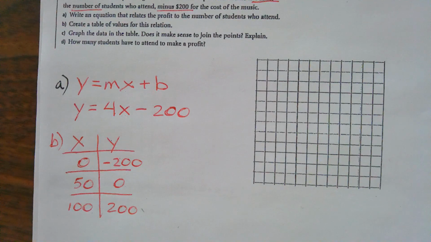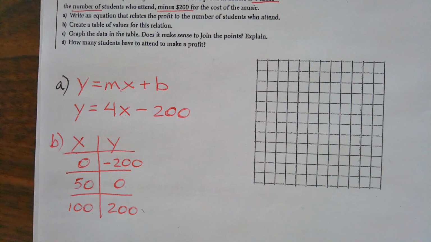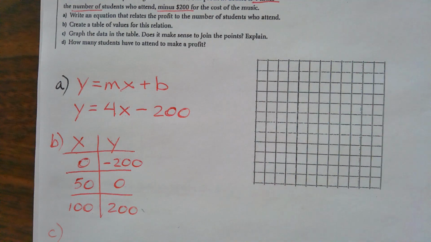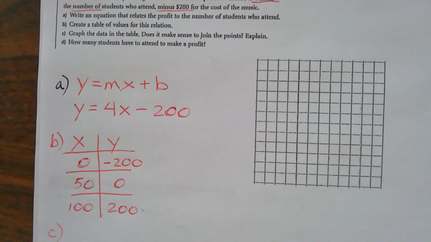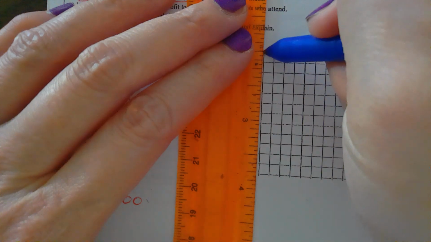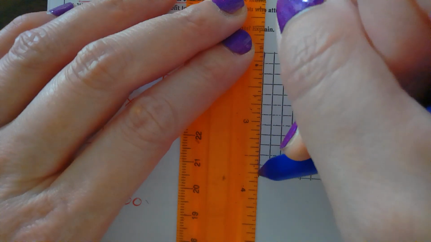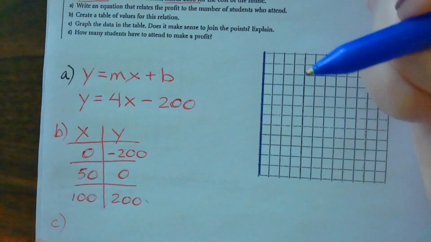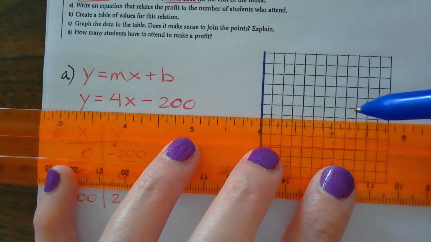Okay, so now I can graph the data. Yesterday the graphs that we did were mostly L graphs. This one I'm going to do a T graph.